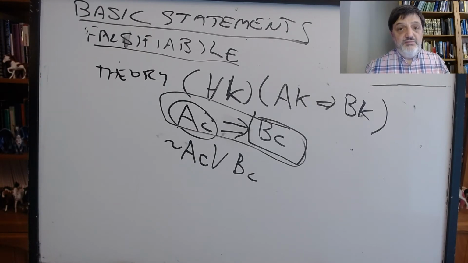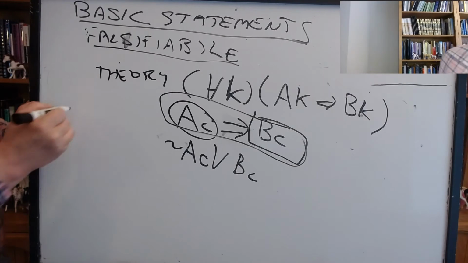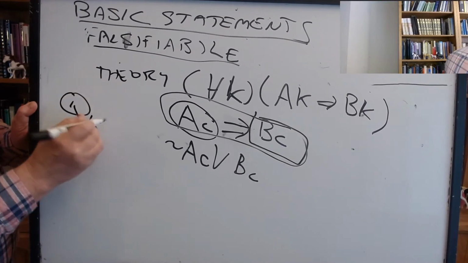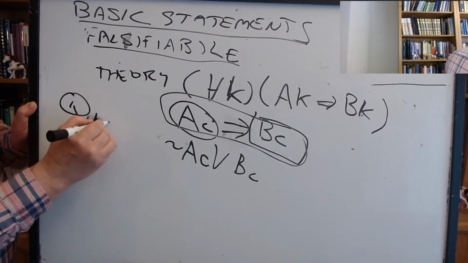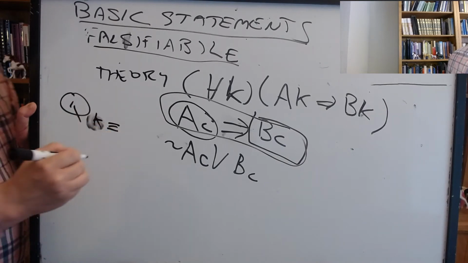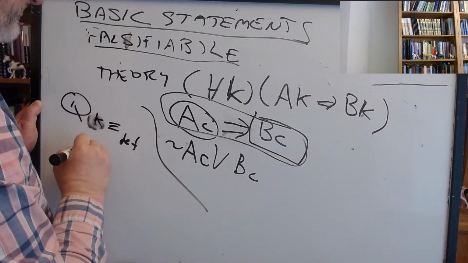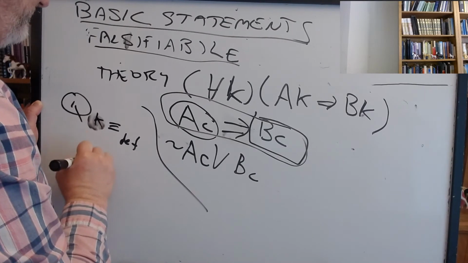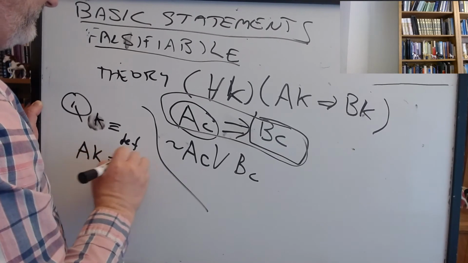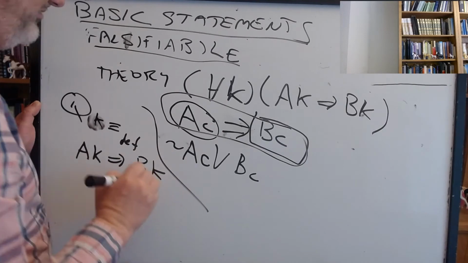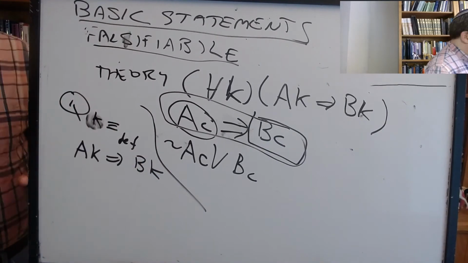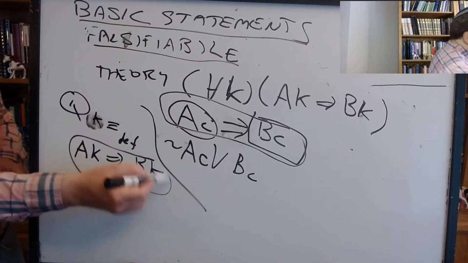Now, as I said before, when I say like this but not like this, obviously I could just define a predicate Q. I could define Q at K to mean this.